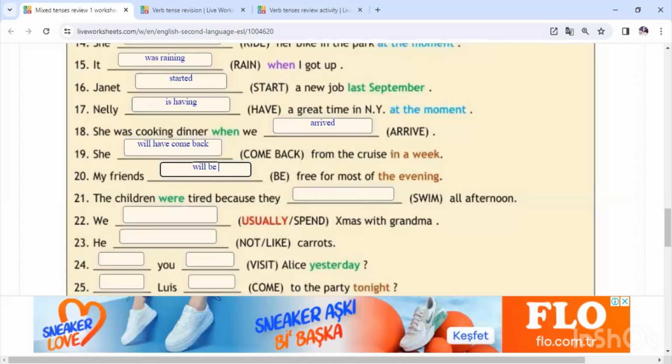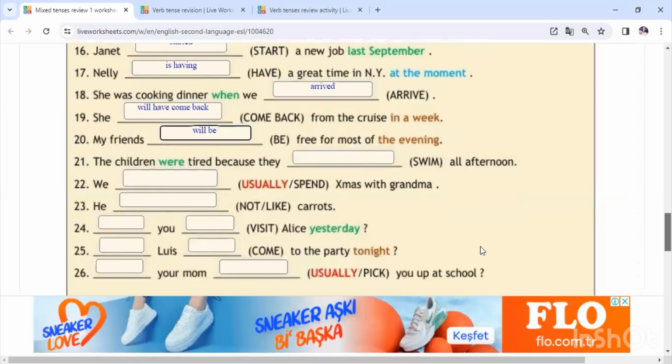Deniz, number 21. It's your turn. The children were tired because they swam all afternoon. We don't have any swimmed. Be careful, you have all afternoon. This is a duration. So you can use past perfect continuous or present perfect continuous.